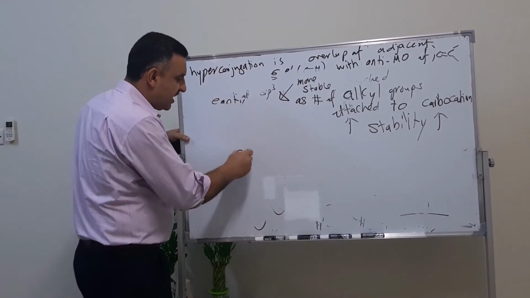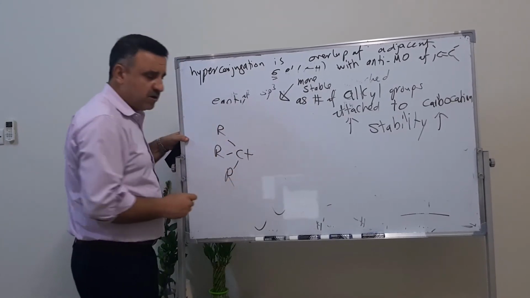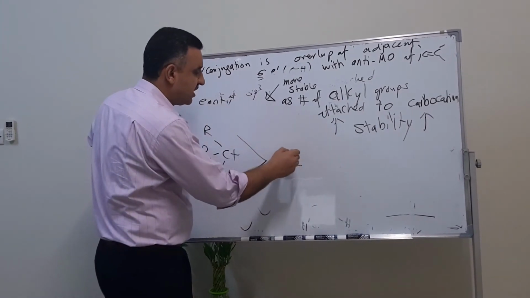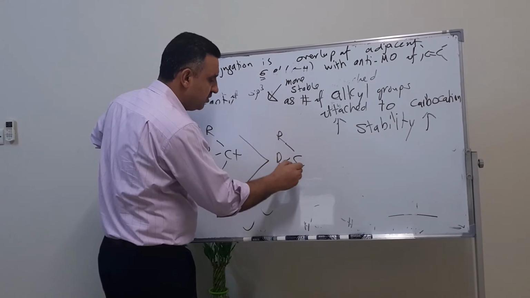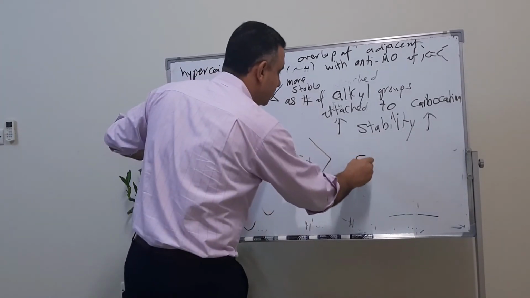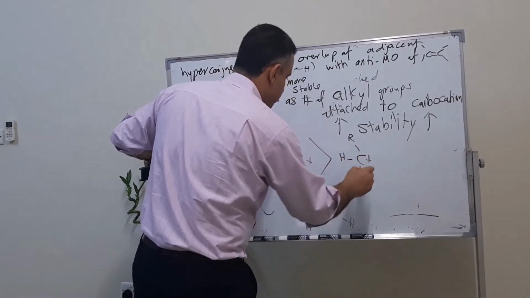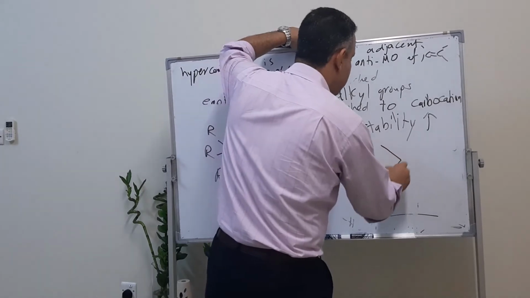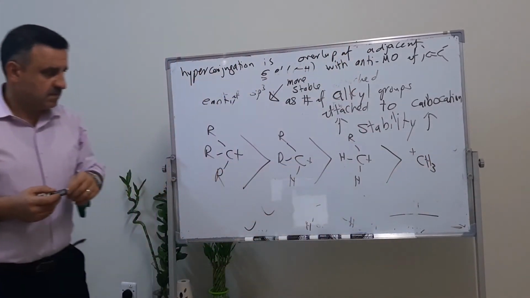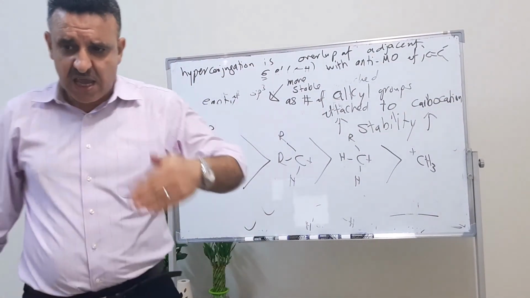If we have a carbocation attached to 3 alkyl groups, this will be much more stable compared to a carbocation attached to 2, compared to a carbocation attached to 1 only, and compared to a methyl carbocation, CH3. That's the trend we are going to discuss in the next section.